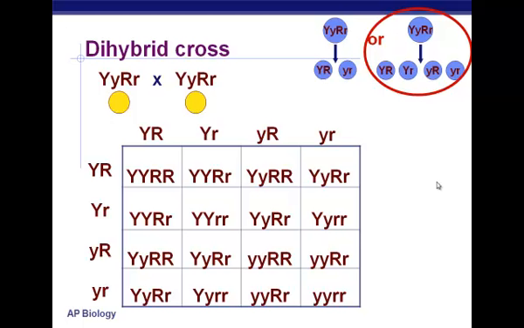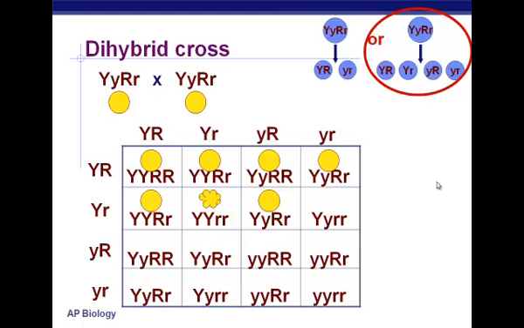And so now it's time to actually analyze it, right? We have capital Y and capital R, so that's both dominant traits, so that's going to be yellow and round. That one's going to be yellow and round. Yellow and round. Yellow and round. Yellow and round. That one's yellow and wrinkled. Yellow and round.